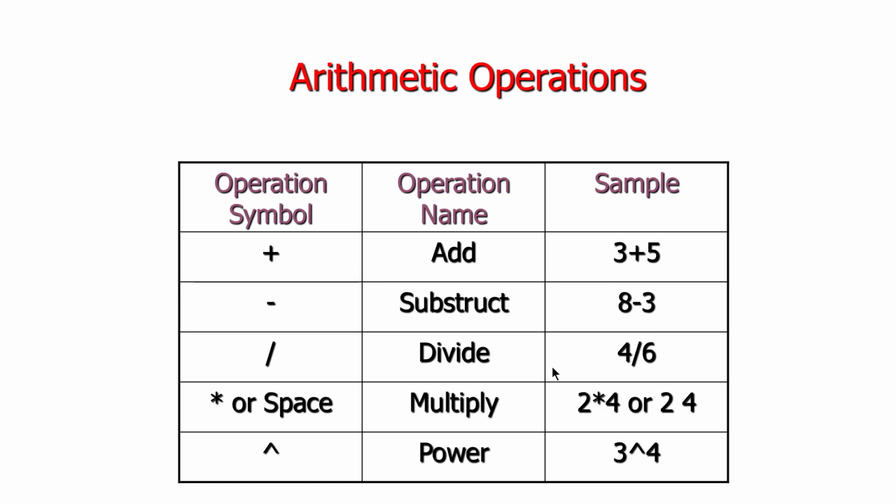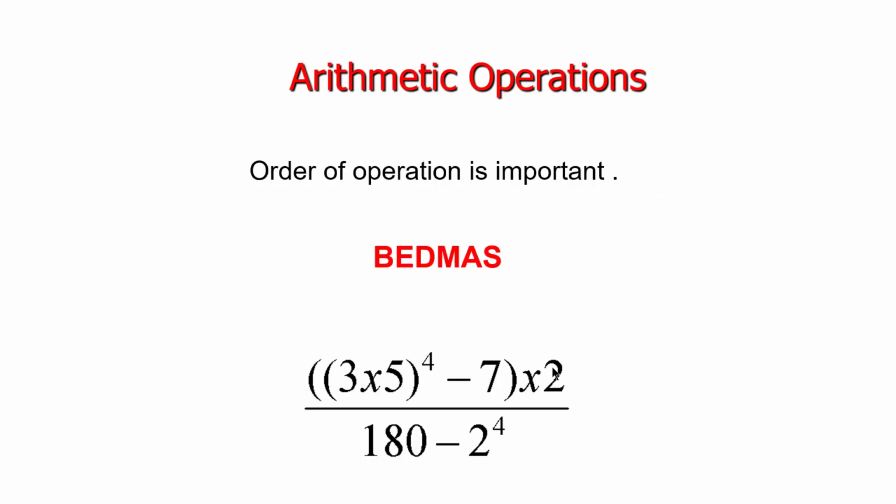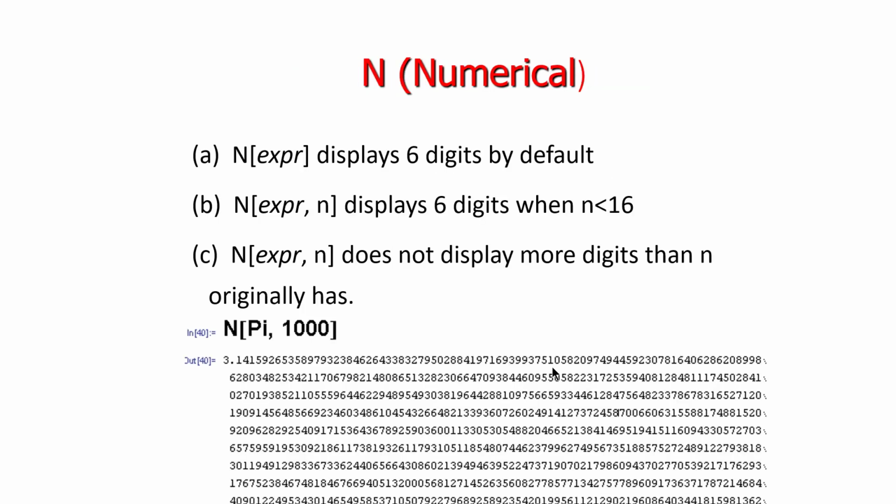Similarly, like usual arithmetic operators, these are the operators that are used in Mathematica: plus, minus, multiply, divide, and power. Remember, the order is usually very important, so you have to keep track of the order as well. Next is N. N is a very famous command in Mathematica. This is used for finding the numerical value of some expression. If you write capital N, then you have to put the argument, and inside the argument you can place anything whose numerical value is required by you.